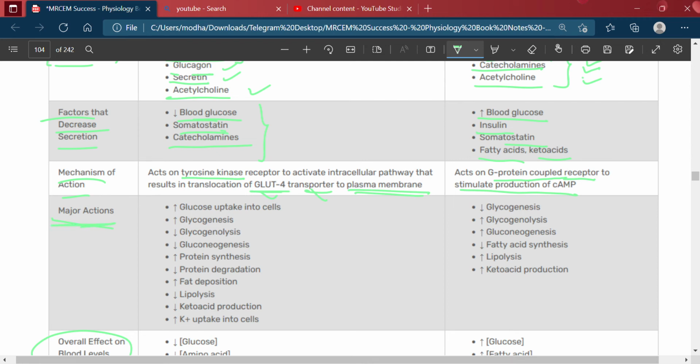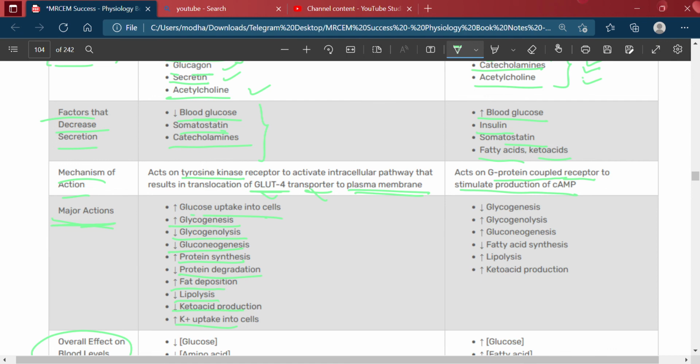Then major actions. Insulin increases glucose uptake into the cells, increases glycogenesis, decreases glycogenolysis, decreases gluconeogenesis, increases protein synthesis, decreases protein degradation, increases fat deposition, decreases lipolysis, decreases keto acid production, and increases potassium uptake into the cell.